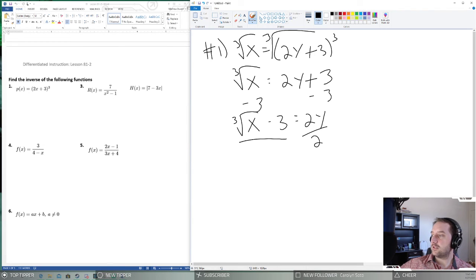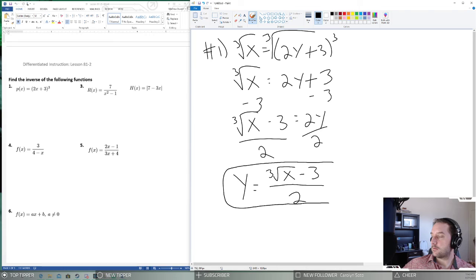Divide everything by 2. And so I'm going to get y equals, and then you can just leave it like that. And that's going to be my answer. This is also a function, so you could also write it as f inverse of x. So you can write it like that if you want.